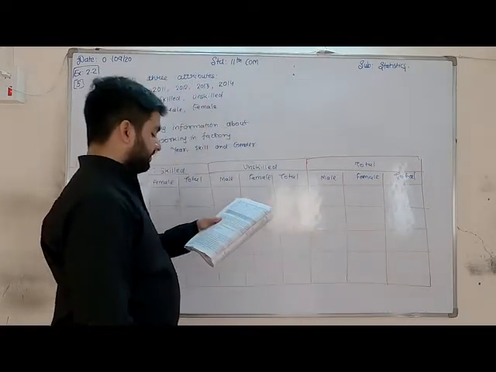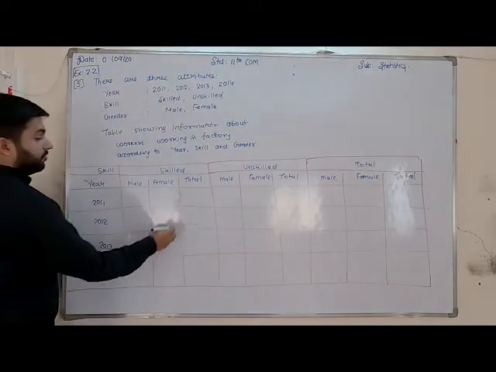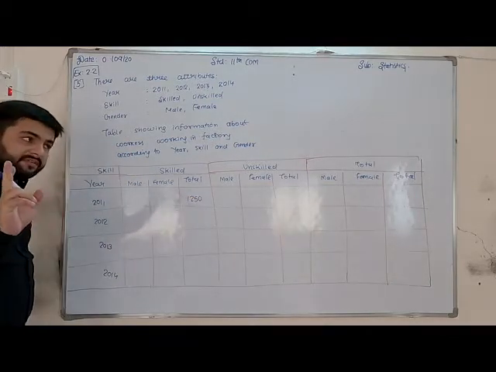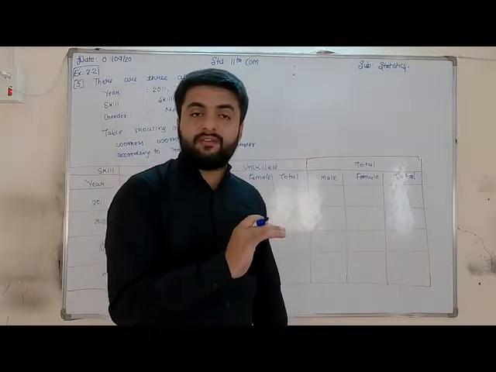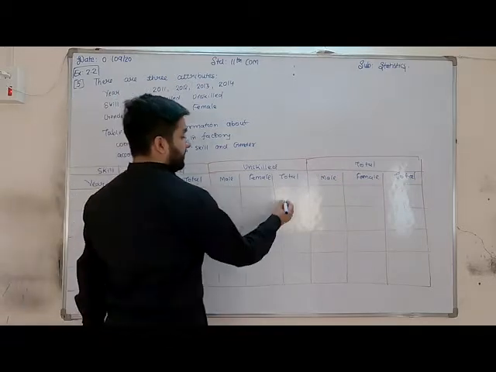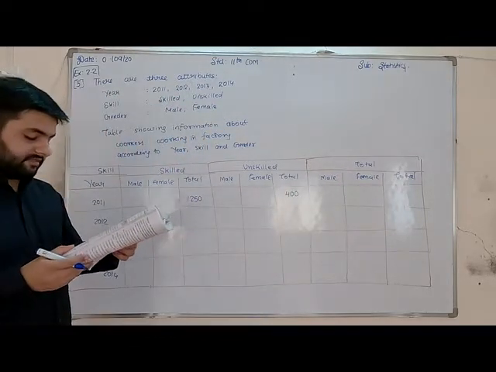So 1250 are skilled. So total skilled are 1250. Whenever we are talking about year wise, only this is to be filled, no vertical filling, okay, only horizontal filling. And 400 unskilled workers. So they are talking about total workers, total skilled and total unskilled.